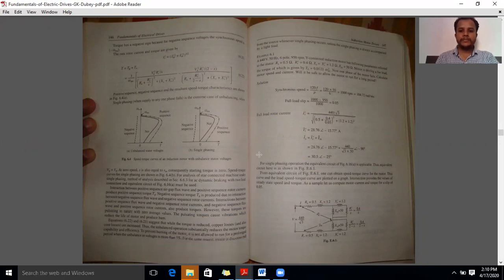For single phasing operation, the equivalent circuit will be like this.